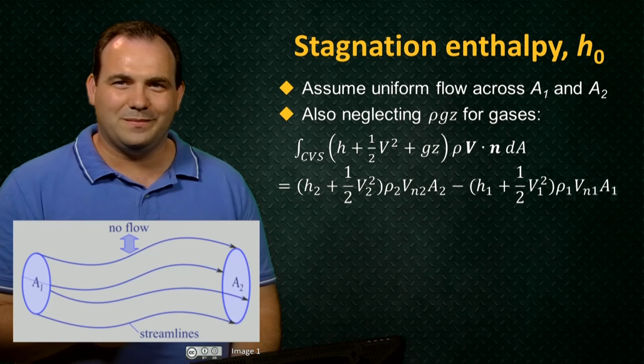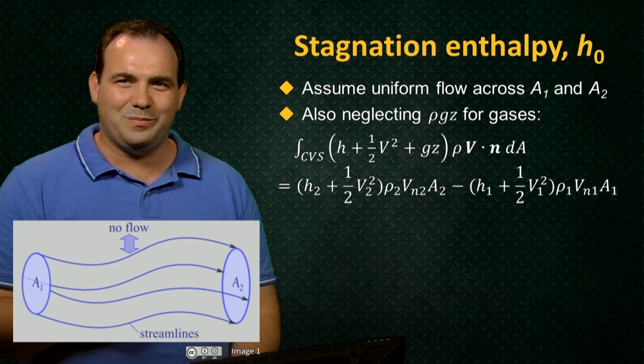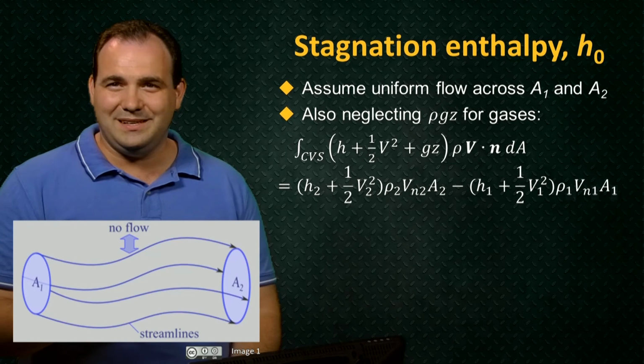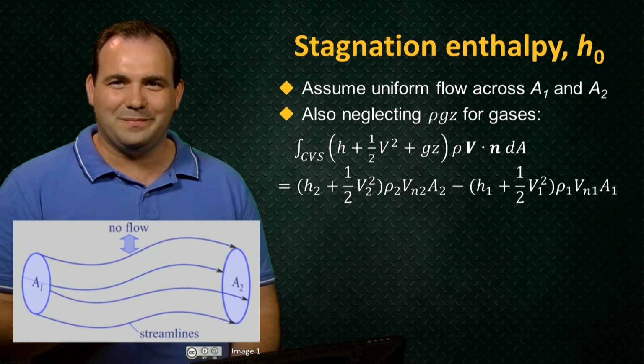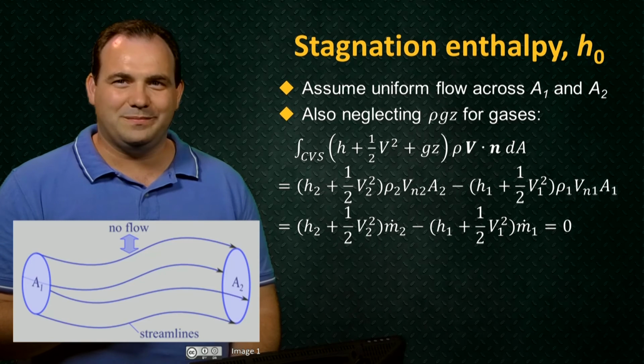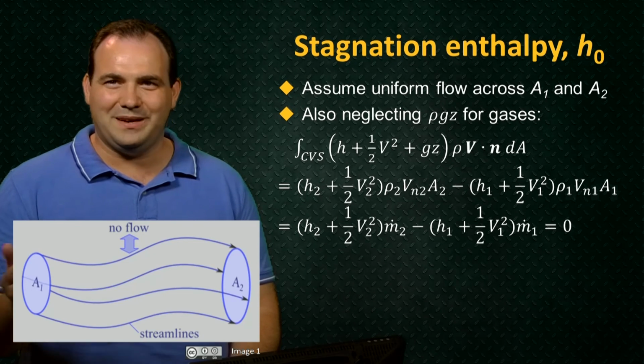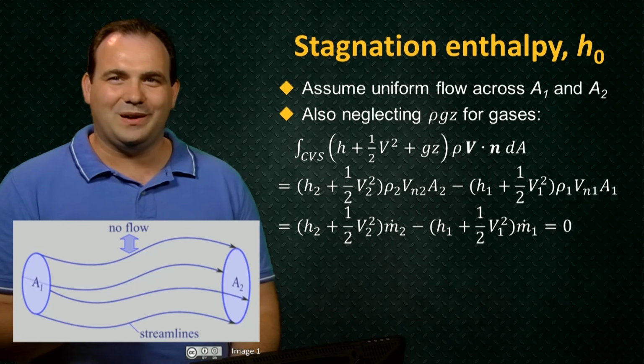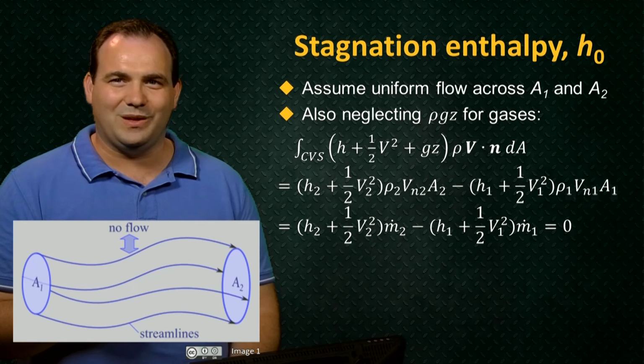So let's do that. So we see we've got a simple expression with no integrals. But we can simplify this even further by recognizing that density times normal velocity times area is equal to the mass flow rate. Okay, so now we've just got h plus a half v squared at each end multiplied by the mass flow rates across those planes.